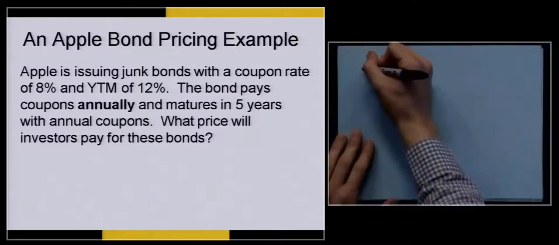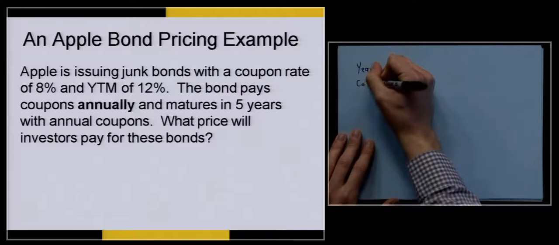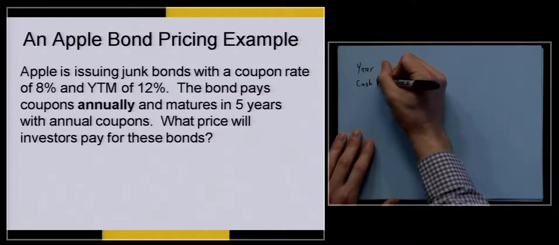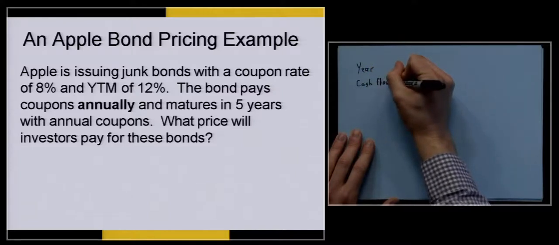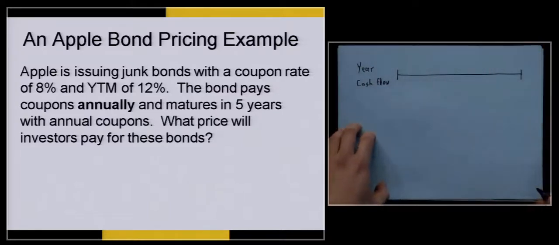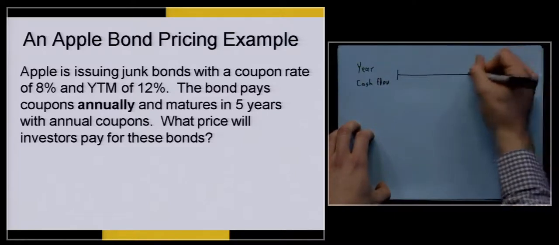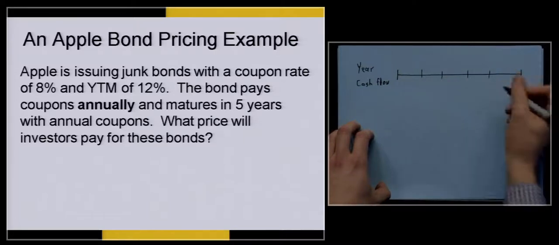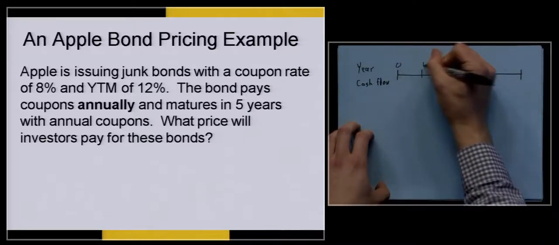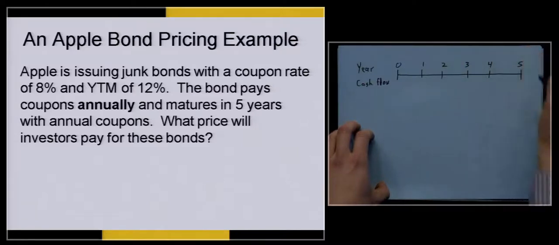So to start off, I'm going to put year and cash flow, and because this is a bond where we have 5 years' worth of coupons and each of these are annual coupons, I'm going to put out here 5 years: 0, 1, 2, 3, 4, 5.